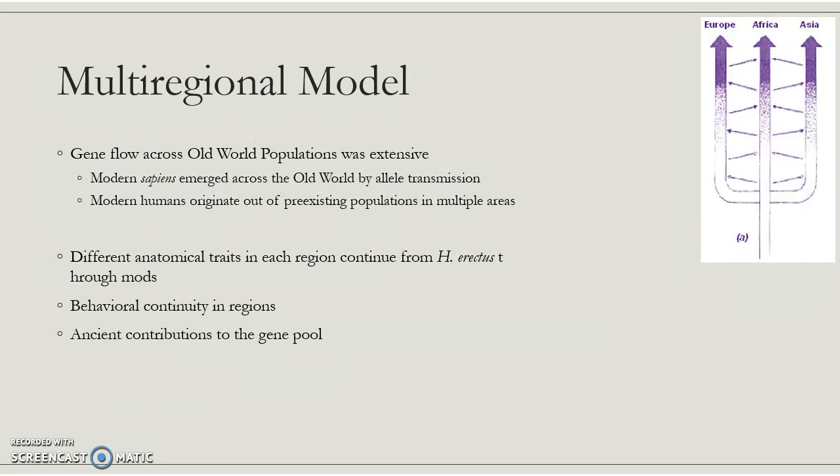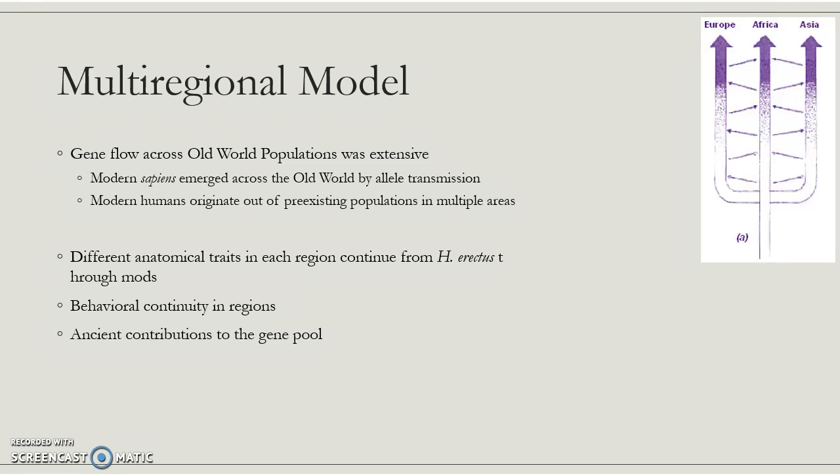Another model for the evolution of modern Homo sapiens is called the multi-regional model. It also has a very descriptive name, and it says that there was that original dispersal of Homo erectus out of Africa that everybody agrees on. And that dispersal, people settled all over. They settled in Europe, they settled in the Middle East, they settled in Asia, and there were still hominin in Africa.